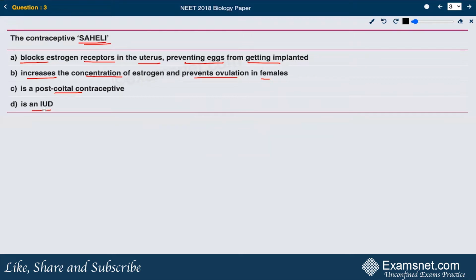Now, let me tell you about Saheli. Saheli is one of the first oral contraceptive pills to be made, or you can say discovered, by an institute in Lucknow, and that is CDRI.